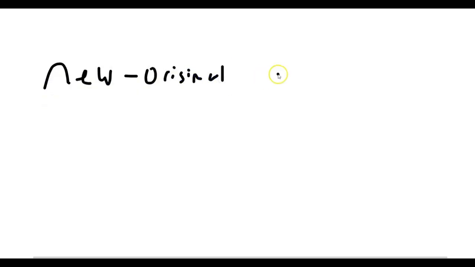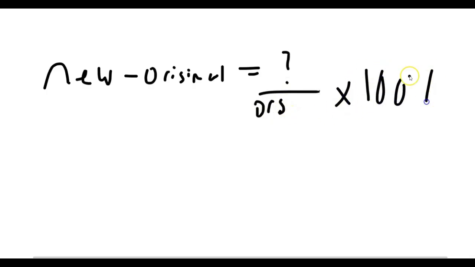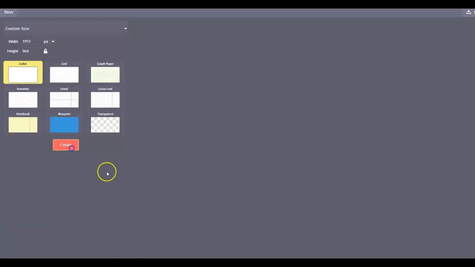We could also find the percent increase by doing new minus original equals some number divided by the original number, and then just times it by 100%. So basically the same thing as the other, but just with these two switched. And that's how you would find the percent increase or percent decrease.